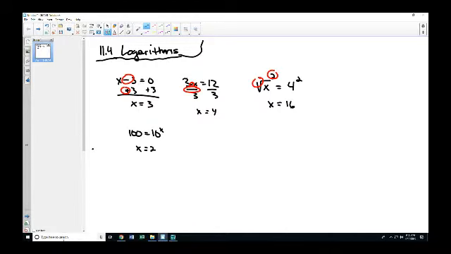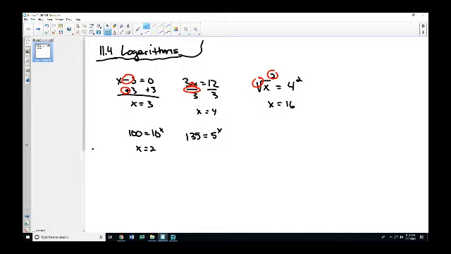Okay. Now, what if I gave you something screwy like this? It's close to cubed, because 5 cubed is 125, right? But are you going to guess the right answer? No. Probably not. Okay.